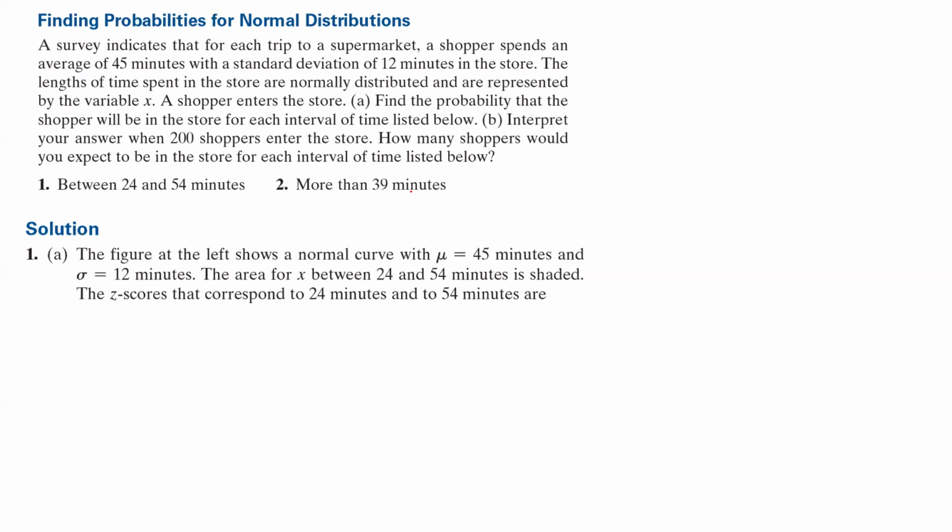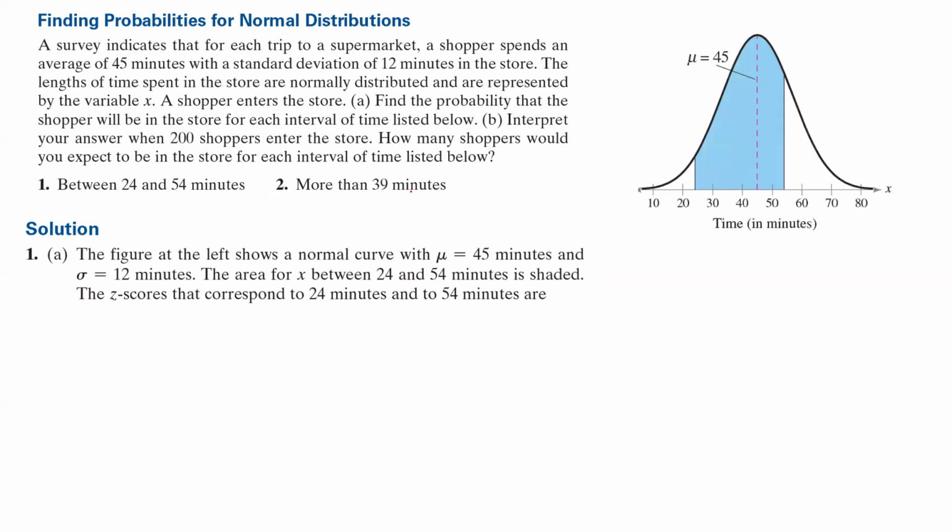From a statistics point of view, when you're asked to find a probability between 24 and 54 minutes, you're basically finding this area below the normal curve. You can convert everything into z, or you can leave everything in x value. If you convert to z, this is x minus mu divided by sigma.